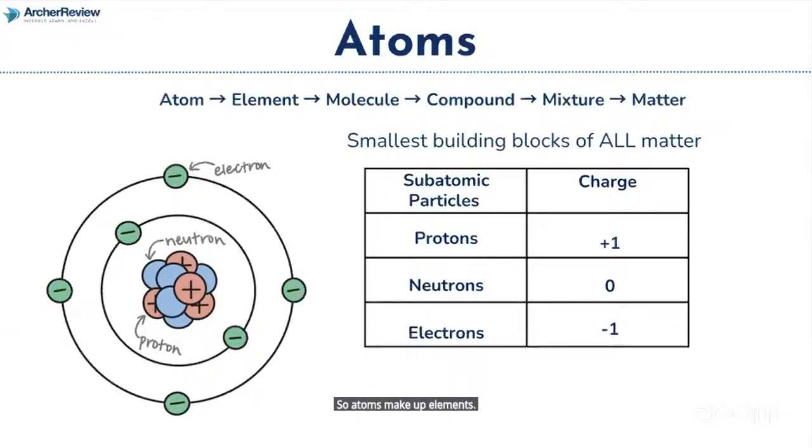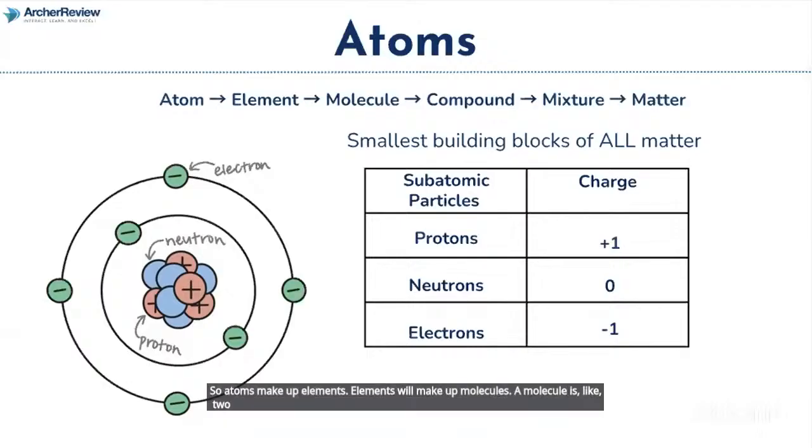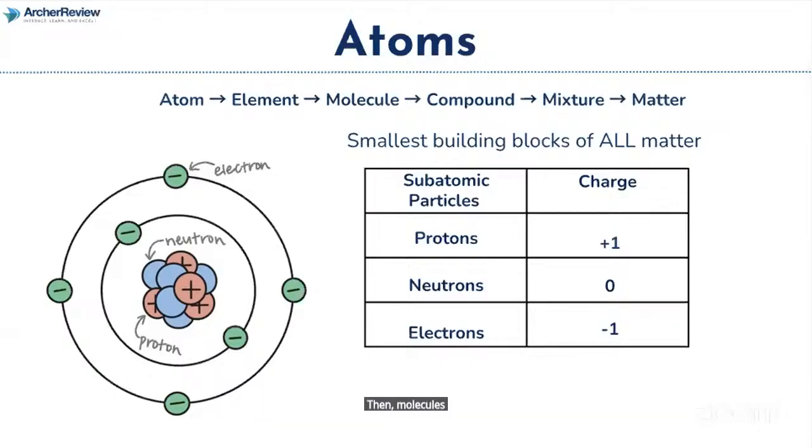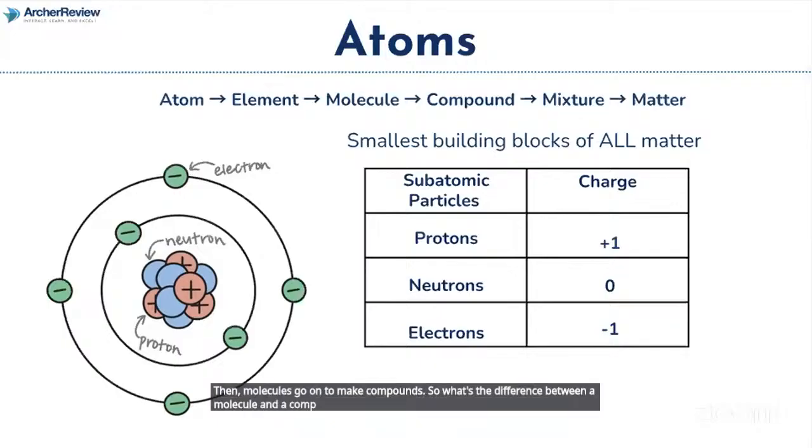So atoms make up elements. Elements will make up molecules. A molecule is like two or more atoms of that element held together by bonds. Then molecules go on to make compounds. So what's the difference between a molecule and a compound? Well, a compound is a molecule, but it's formed by having different types of atoms, different types of molecules chemically bonded together.